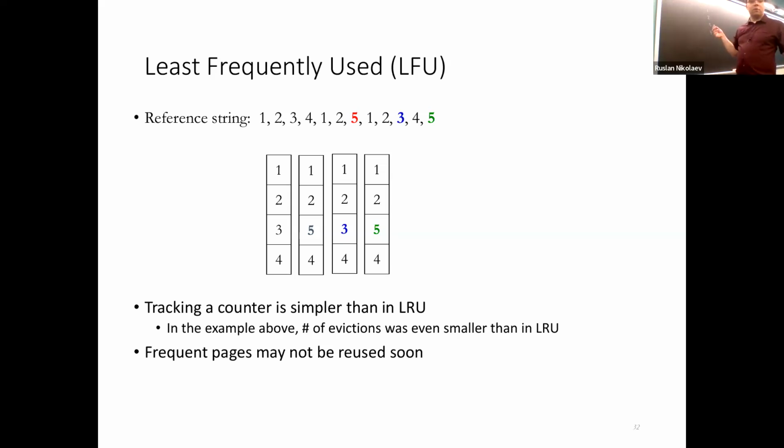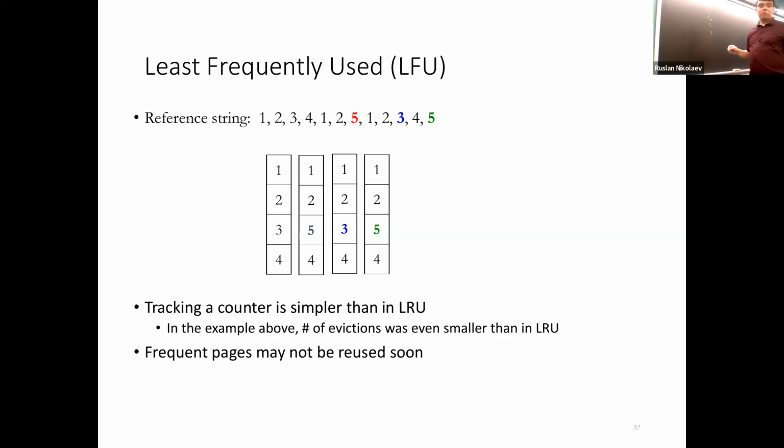Now let's say the counter. For least frequently used, we will use a counter. Previously, let's say it was just 1, so let me put counter 1. Now we access 1 again, so that's going to be 2. Then we access 2. That's going to be 2. Then we access 5.